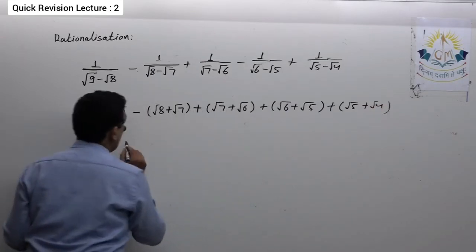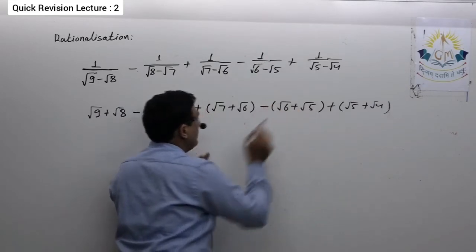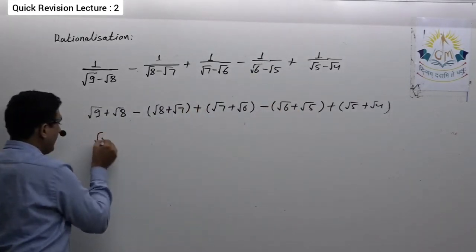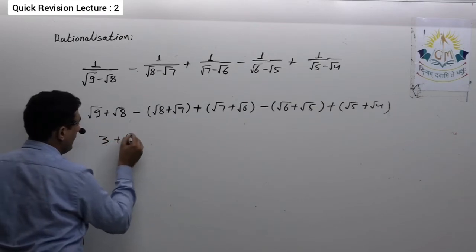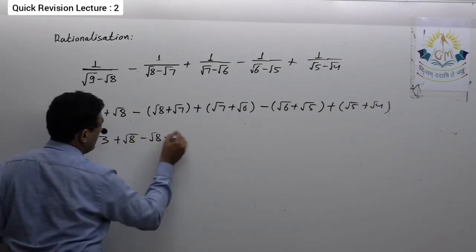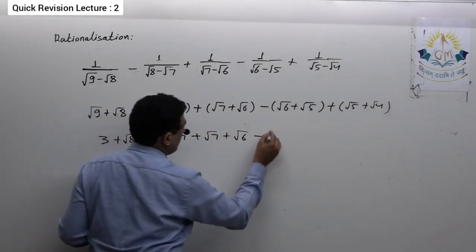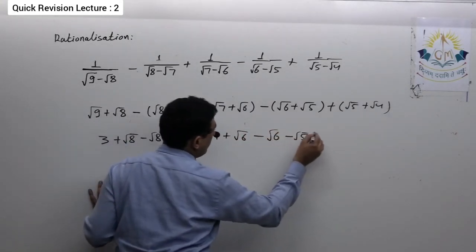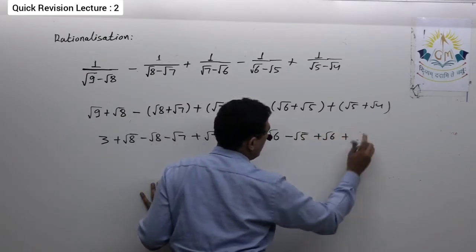So now when I open the bracket, see, plus minus plus minus and then plus. Root 9, so I am writing it 3, plus root 8 minus root 8 minus root 7 plus root 7 plus root 6 minus root 6 minus root 5 plus root 5 plus root 4, that is 2.